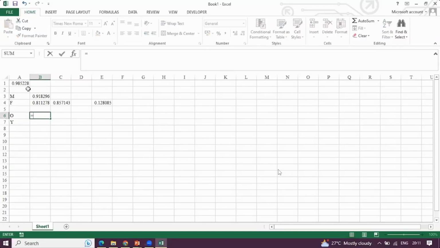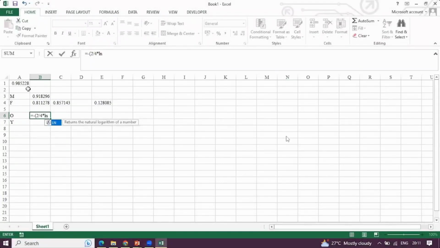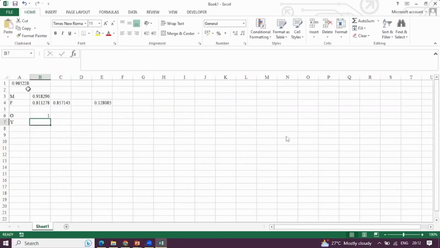Which means minus of 2 by 4 times log of 2 by 4 to the base 2, plus the second category is also 2 by 4 times log of 2 by 4 to the base 2. This is for the older. So it is coming out to be 1. And for the young, 1 and 2.